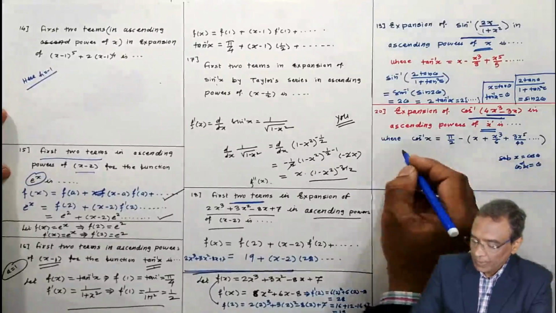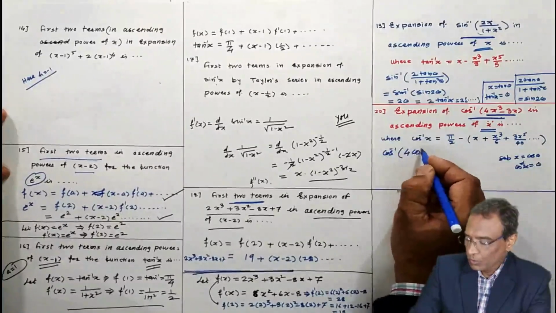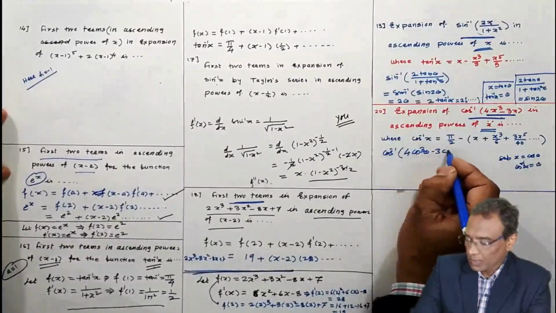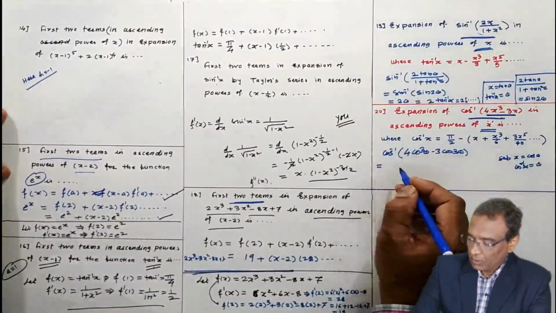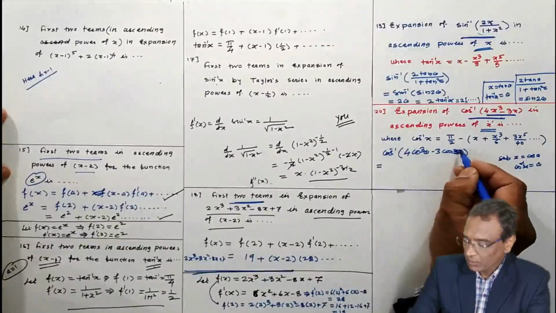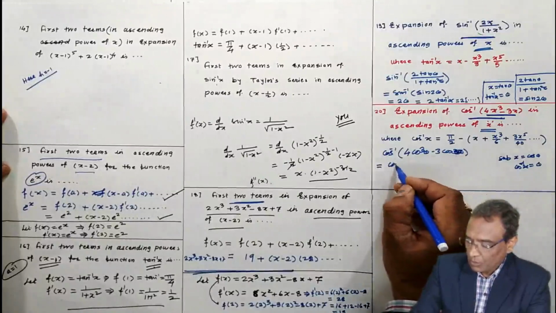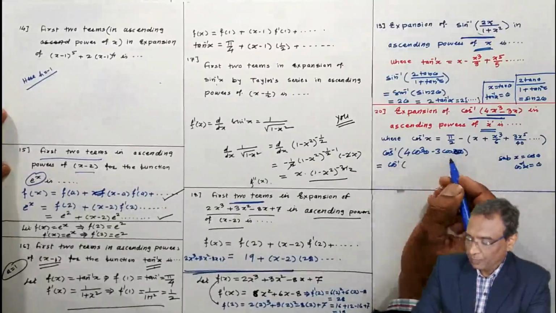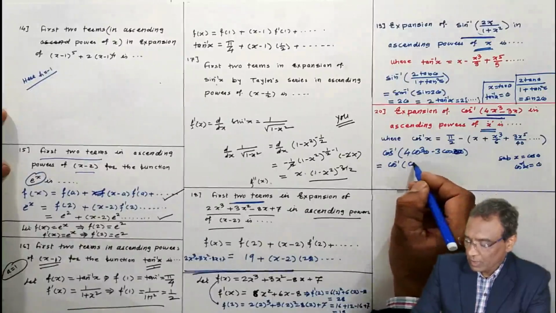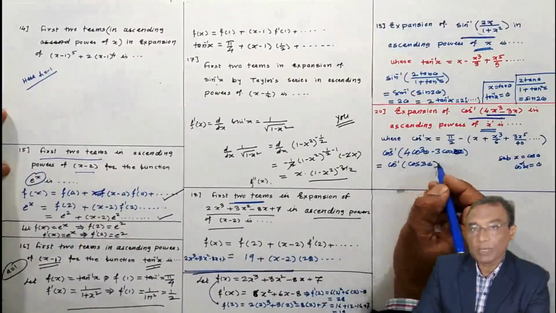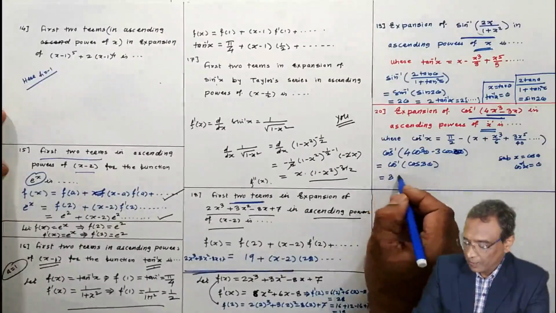Then cos inverse of this function, 4 cos cube theta minus 3 cos theta, where x is cos theta. 4 cos cube theta minus 3 cos theta is what? Cos 3 theta. This is a trigonometric formula.